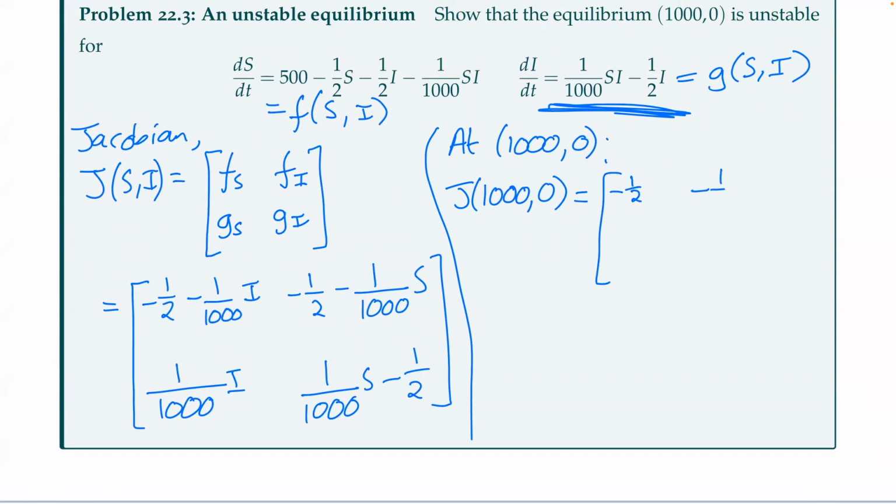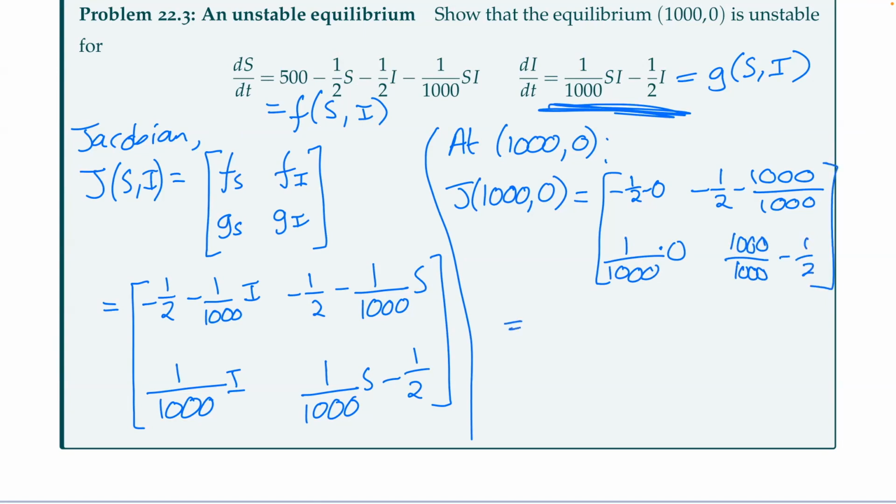Then in the top right, we have minus a half, minus 1 over 1,000 times S. S is 1,000, so we're going to have minus 1,000 over 1,000. The bottom left-hand entry, we have 1 over 1,000 times 0. And then the bottom right, our S is 1,000, so we're going to have 1,000 over 1,000 minus a half. So if we simplify this down, we have minus a half, minus 3 over 2, 0, and a half.